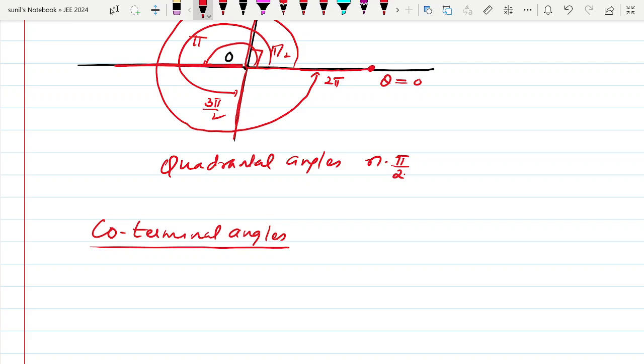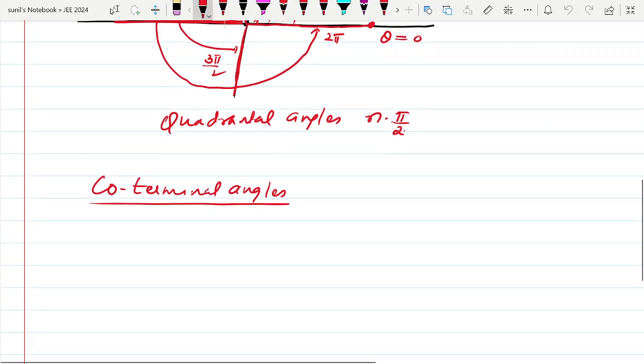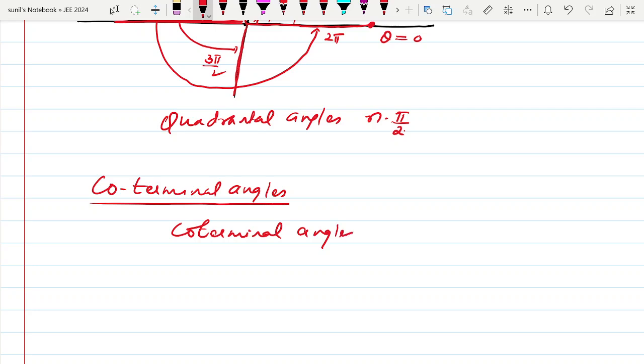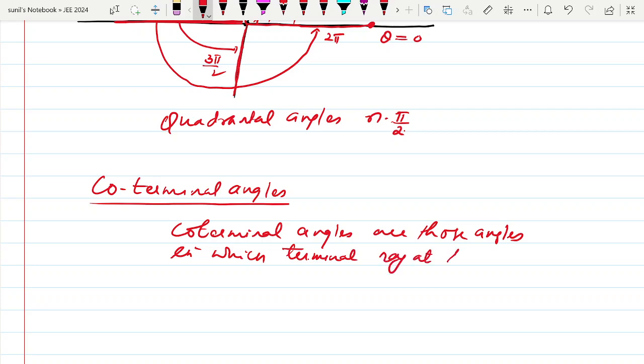Coterminal angles are those angles in which the terminal ray is at the same position.